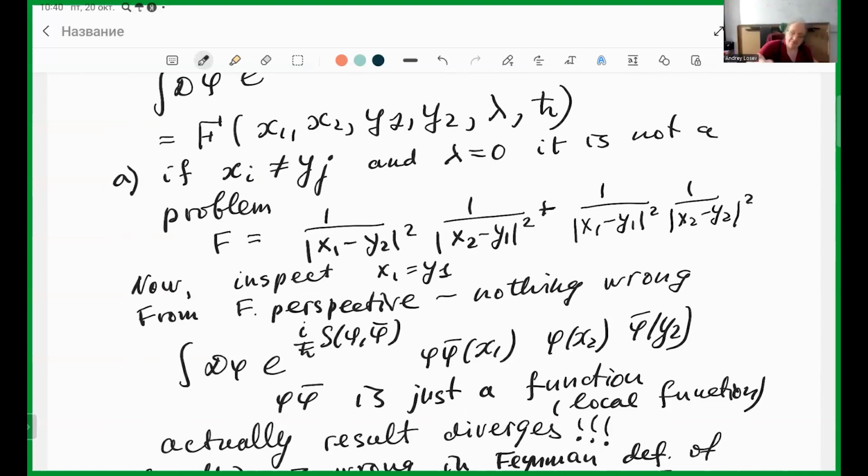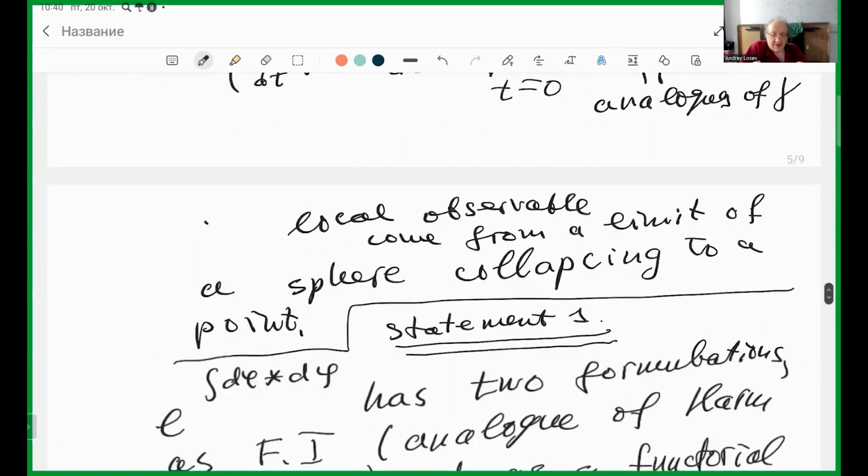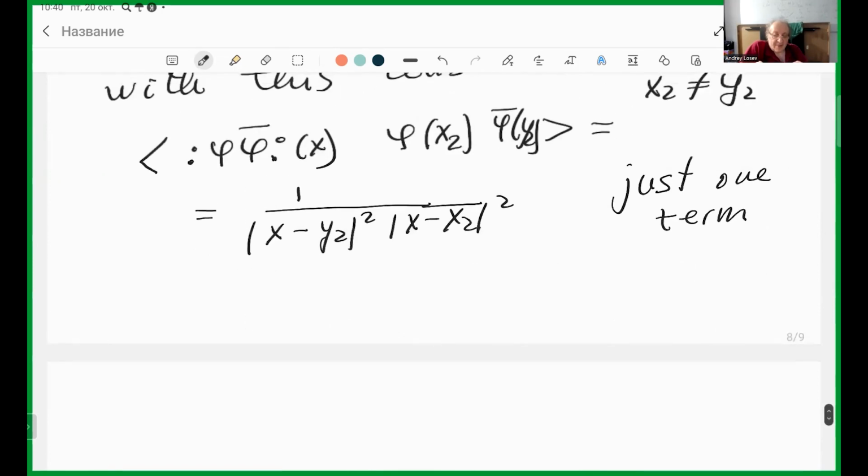So we are discussing this term, right? But when we are writing phi bar in double dots, we are just subtracting this term. Let me write it down explicitly to show you what we are subtracting. So what does it mean?